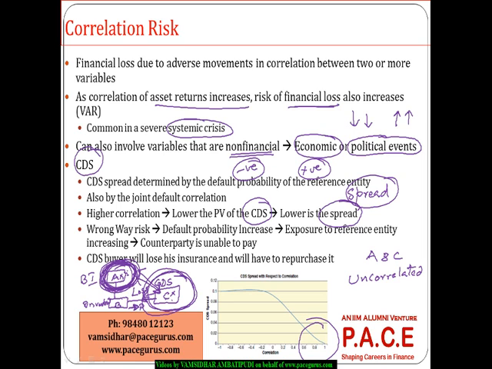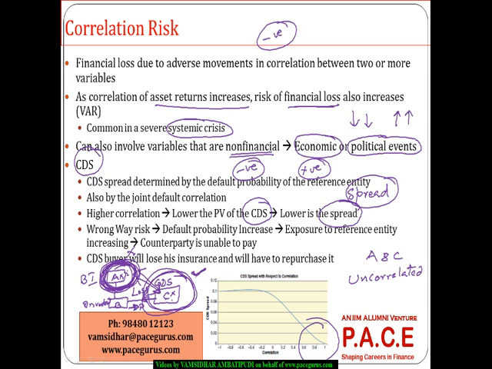But if the correlation is completely negative, close to -1, it means if this defaults, this will not default. Fair enough, right?